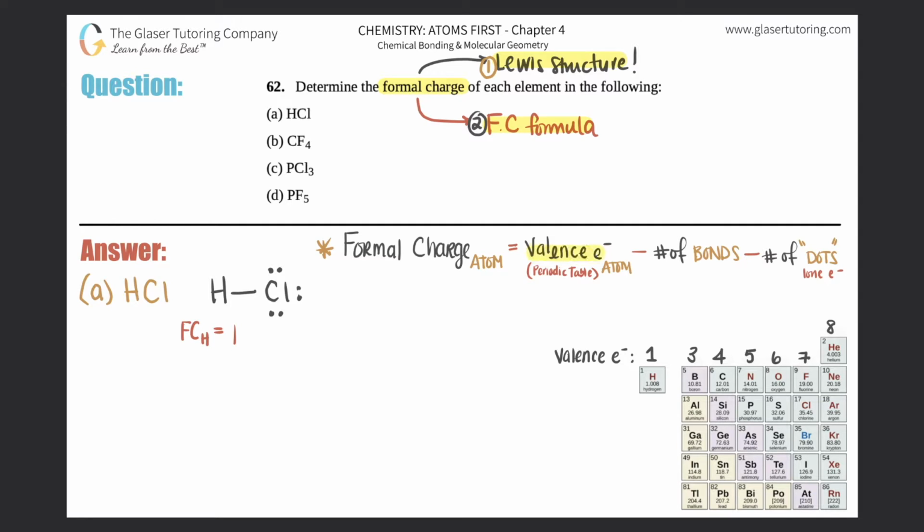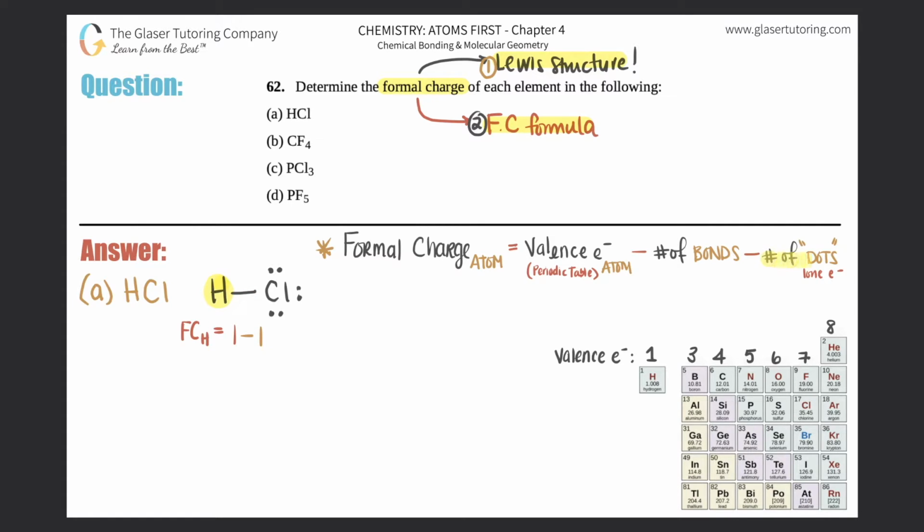So it's the valence electrons minus the number of bonds you see with that atom. How many bonds is hydrogen bound to? Well, hydrogen's only bound by this 1 single bond. So it would be 1 minus 1.